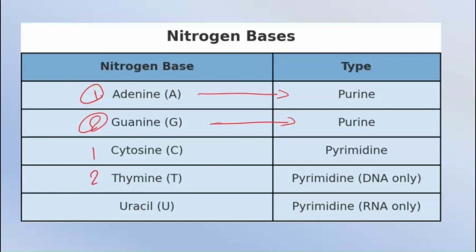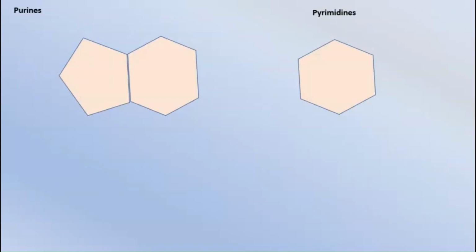Cytosine, thymine, uracil, all of these 3 are going to be pyrimidines. Notice that thymine is only present in DNA, while uracil is only present in RNA. And here is a visual so you can understand it really. So purines, again, they have 2 rings, and pyrimidines, they only have 1 ring.